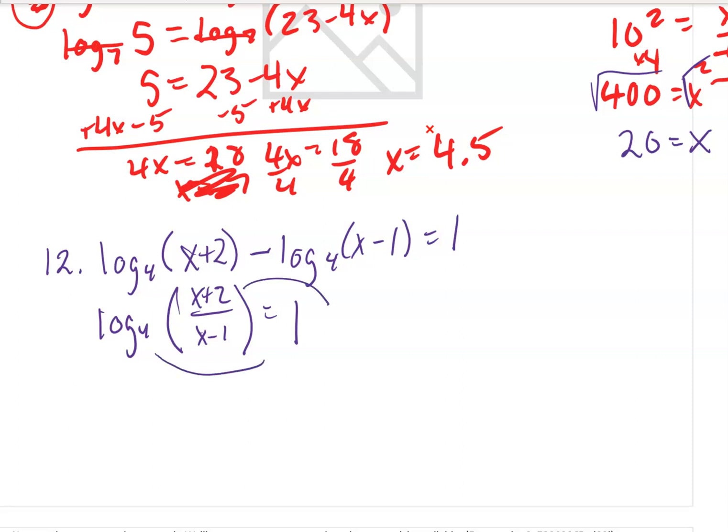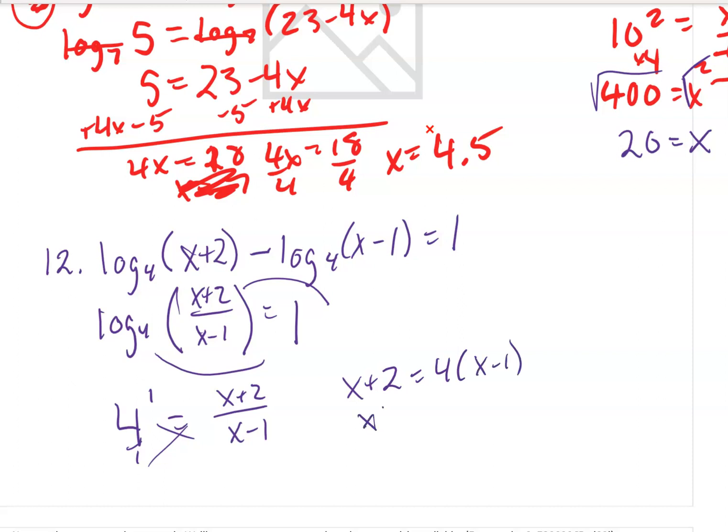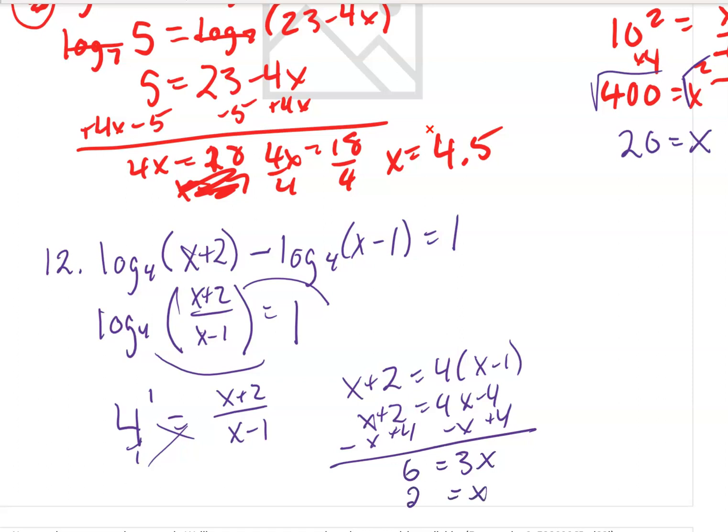So we know that this is going to be 4 to the first power, just 4, equals x plus 2 divided by x minus 1. Now it is an algebra problem. We'll cross multiply and solve. So x plus 2 equals 4 times x minus 1. X plus 2 equals 4x minus 4. I'll subtract x from each side and add 4 to each side. 3x equals 6, so x equals 2.